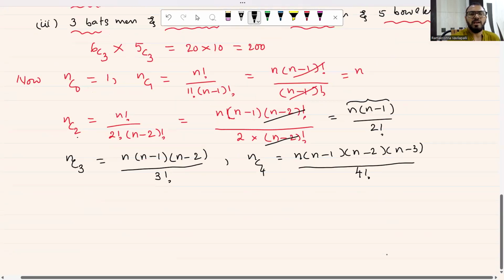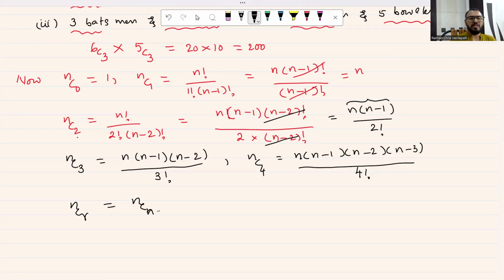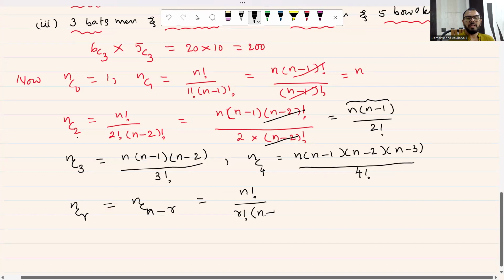And also we have that nCr equal to nC(n minus r), because both are equivalent to n factorial by r factorial into (n minus r) factorial.